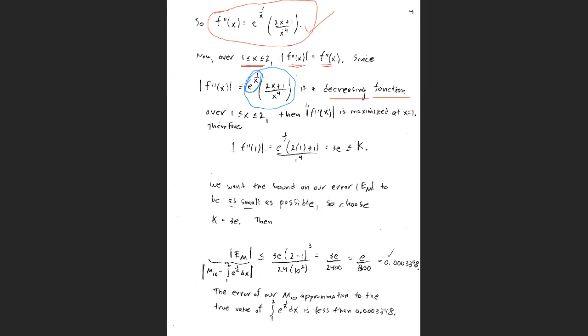And then this rational function, too, is going to get smaller with x. As x gets larger, that x to the fourth on the bottom dominates and gets big, making that function smaller. So it's a decreasing function. And for most of the problems you're going to deal with, certainly some of them, you'll have either an increasing or a decreasing function.